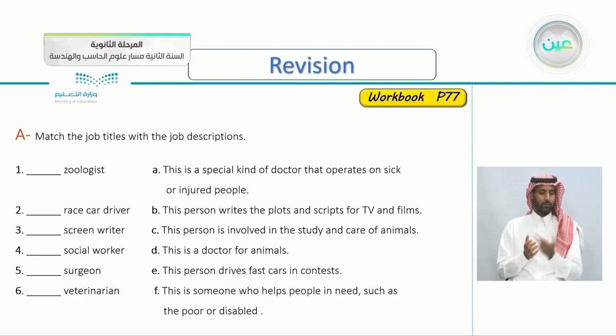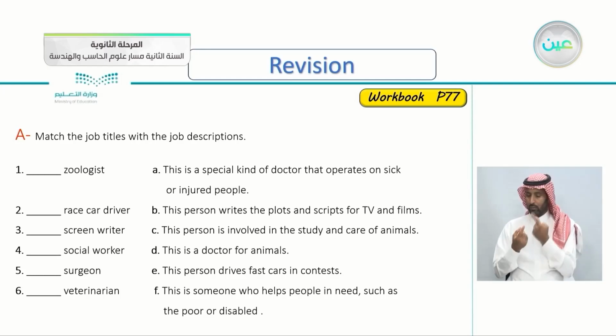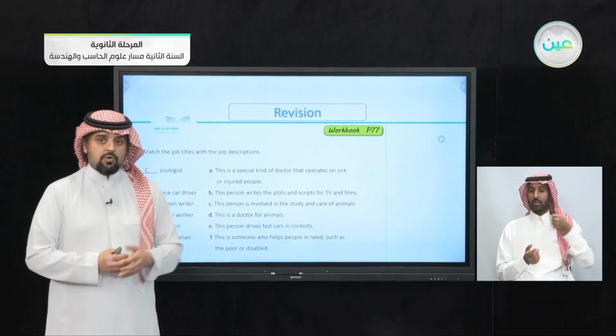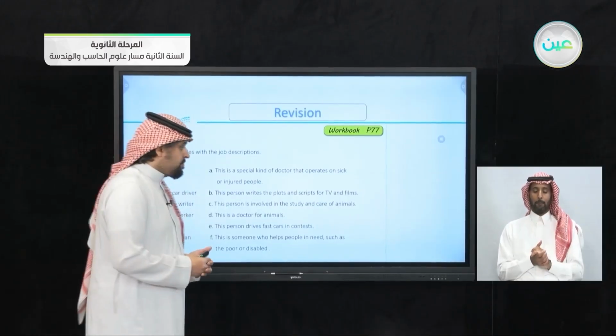Of course, we have more than one choice that is involved with animals, so you have to be careful. So number 1, a zoologist. Yes, that's correct. It's the letter C. The person who is involved in the study and care of animals. So a zoologist is a person who studies animals.